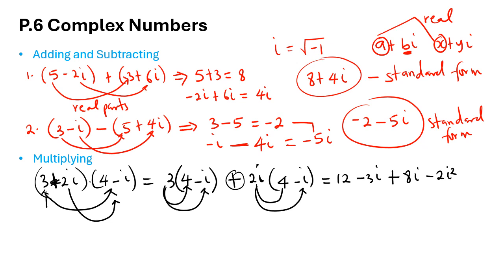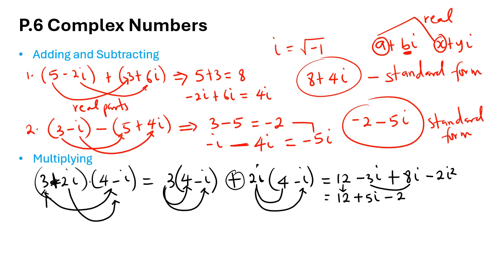To simplify further, we drop the 12 down, and combine like terms: -3i plus 8i will be positive 5i, and then you have minus 2i squared.